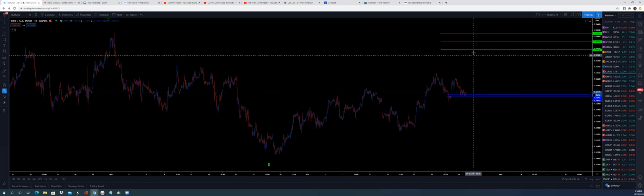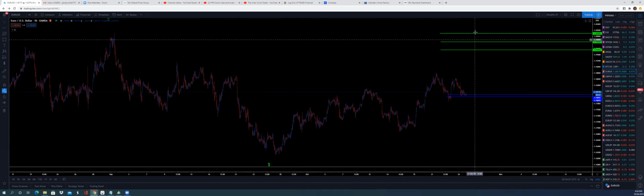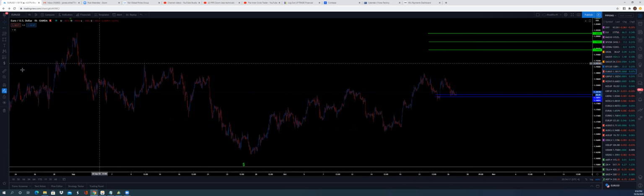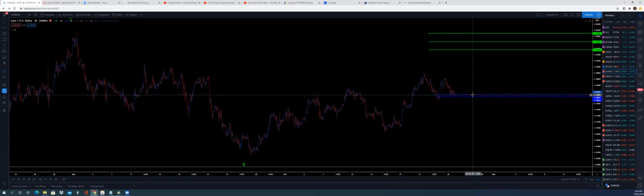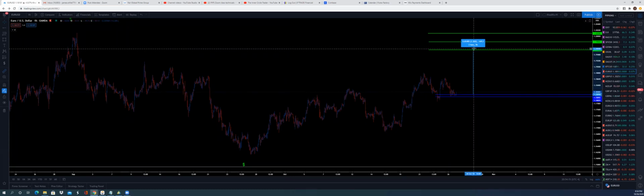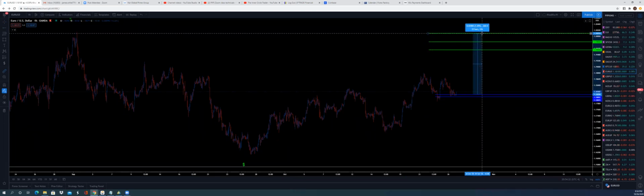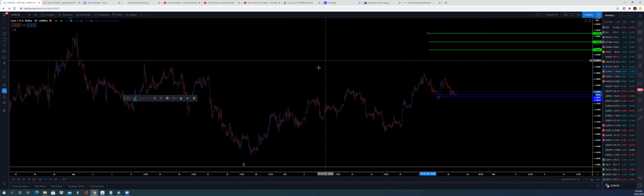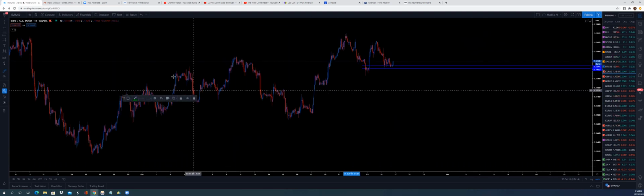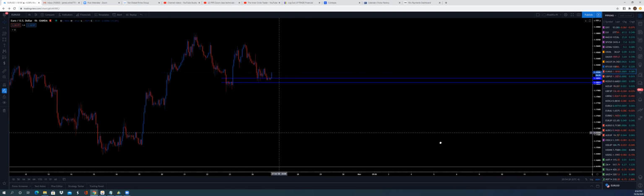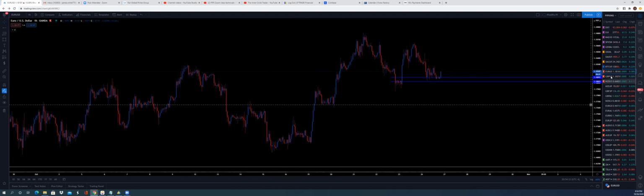I would like to take this on up. TP 123. Oh yeah, that's good. 145, 170, 200. Yeah, that's a good pivot. So that's what I would like to see out of Euro USD starting the week out with.